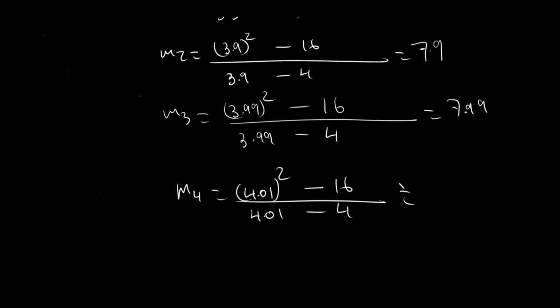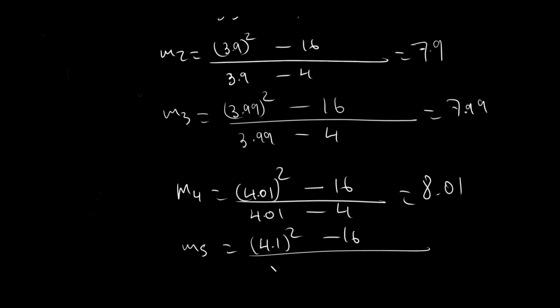So what is my answer here? My answer is going to be 8.01. How about m5? So this is 4.1 squared minus 16, over 4.1 minus 4. We have 8.1.